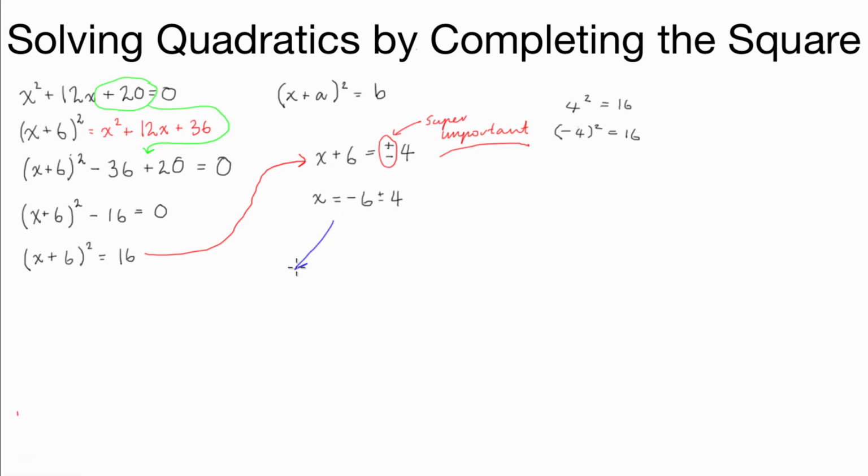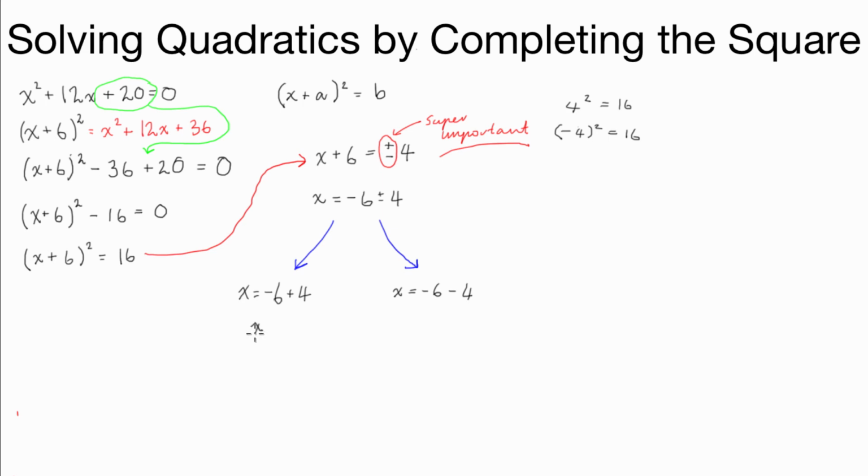We have x is equal to negative 6 plus 4, and x is equal to negative 6 minus 4.